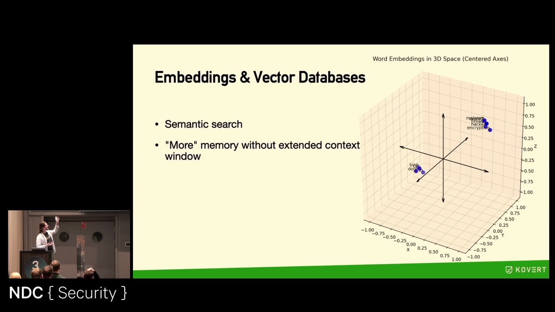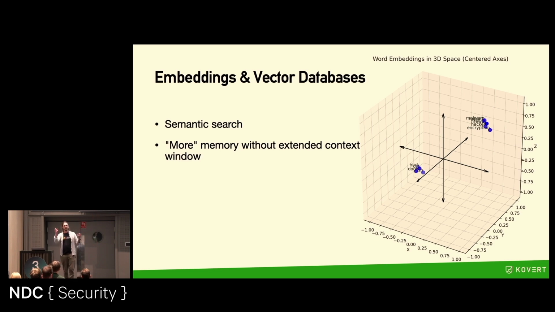Basically, an embedding is, and I don't know the machine learning terminology for this or the details in the math, but basically you can take the embedding of some text and map it out to a point in vector space. If we try to visualize this in 3D space, you'd have words like malware, hacker, encryption, firewall on one side, and stuff like bird, cat, dog, fish on the other side.